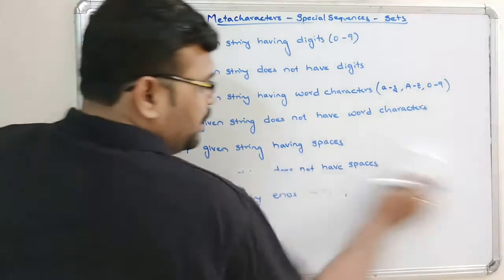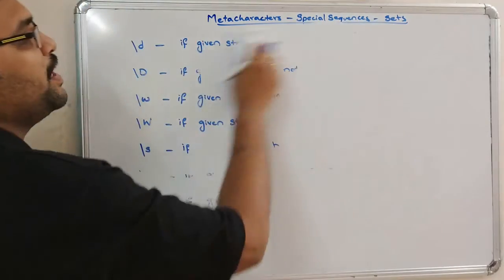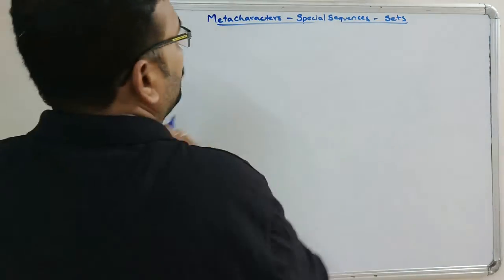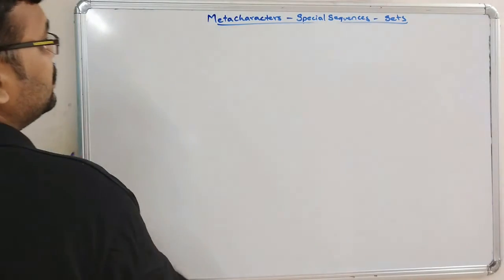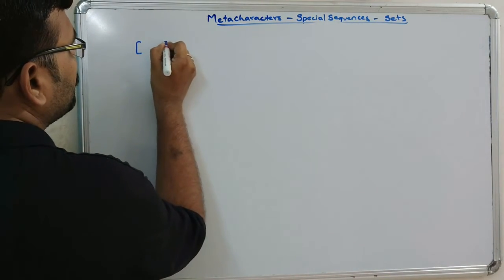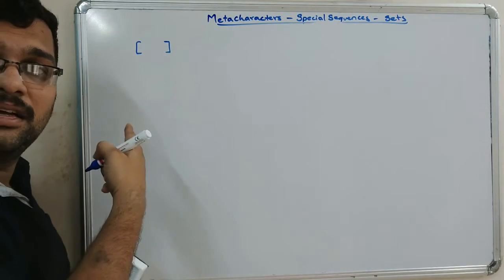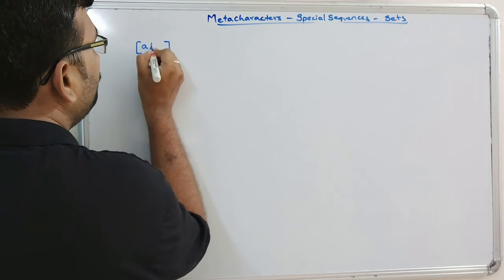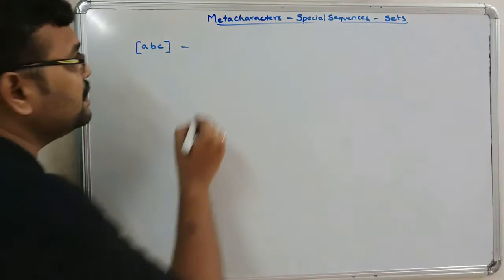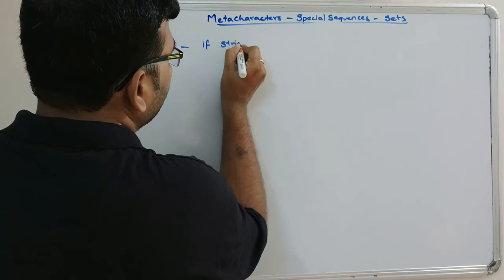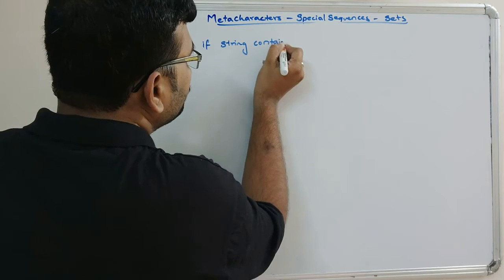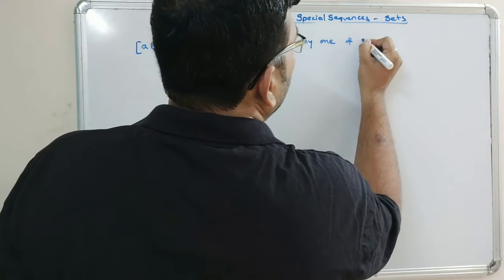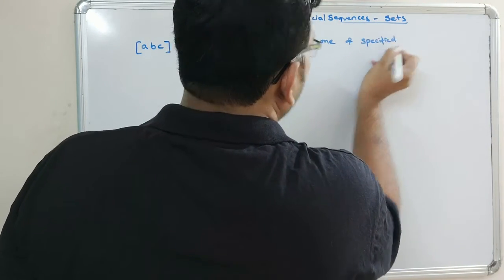So let us demonstrate, and before going to that, we will see the sets concept, and then we will go with the program. So set means we have seen the square braces. Here we have to mention the alphabets or digits or any specific pattern, right? So we can say, for example, A, B, C. That means it returns a match if the string contains any one of the specified characters, which are specified in square braces.